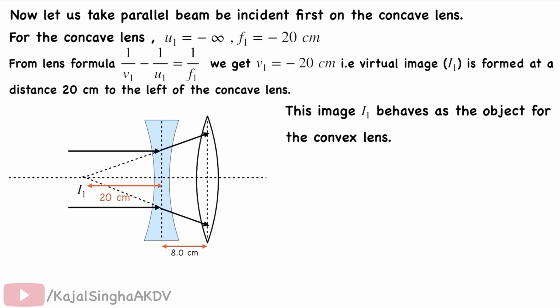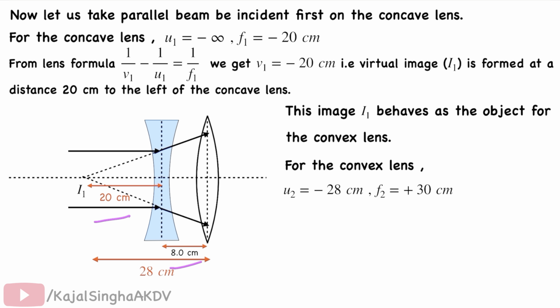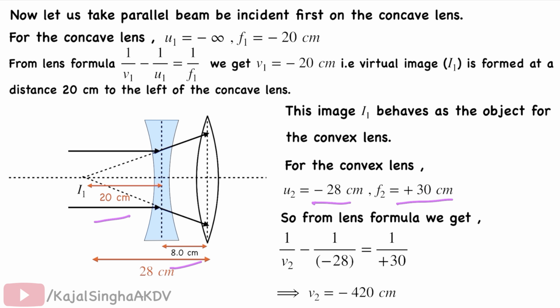So object distance for the convex lens is 20 centimeter plus 8 centimeter, that is 28 centimeter. So for convex lens, object distance is minus 28 centimeter and focal length is plus 30 centimeter. So from lens formula we get v2 equals minus 420 centimeter.